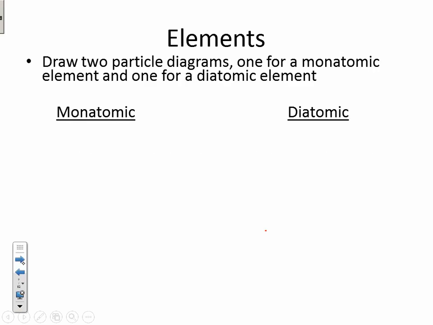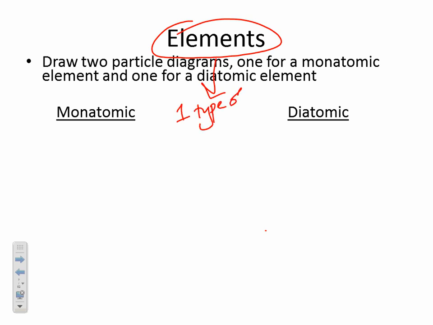Now, particle diagrams. Particle diagrams are a big part of chemistry, sort of trying to draw on an abstract scale, what do these atoms look like? A monatomic element, so it's one type of atom, right? One type of atom, but it's monatomic, which means that it's not paired up.